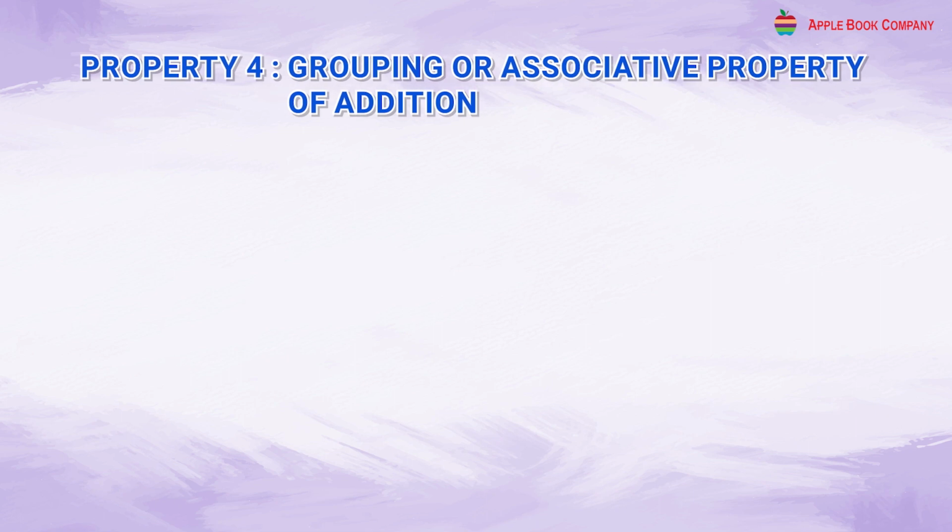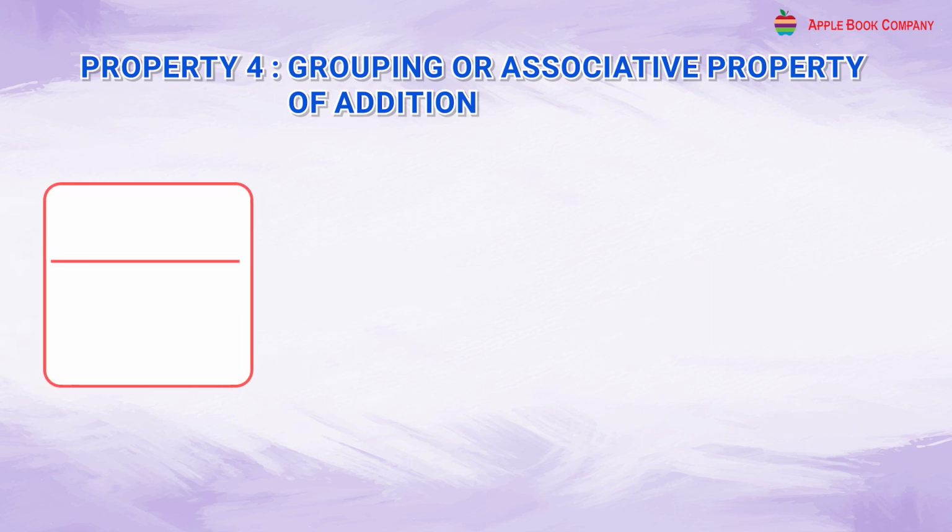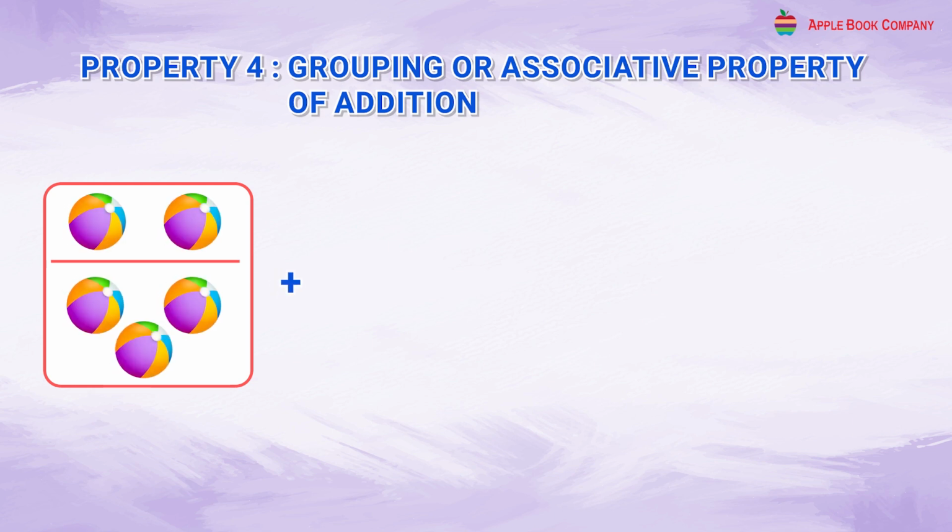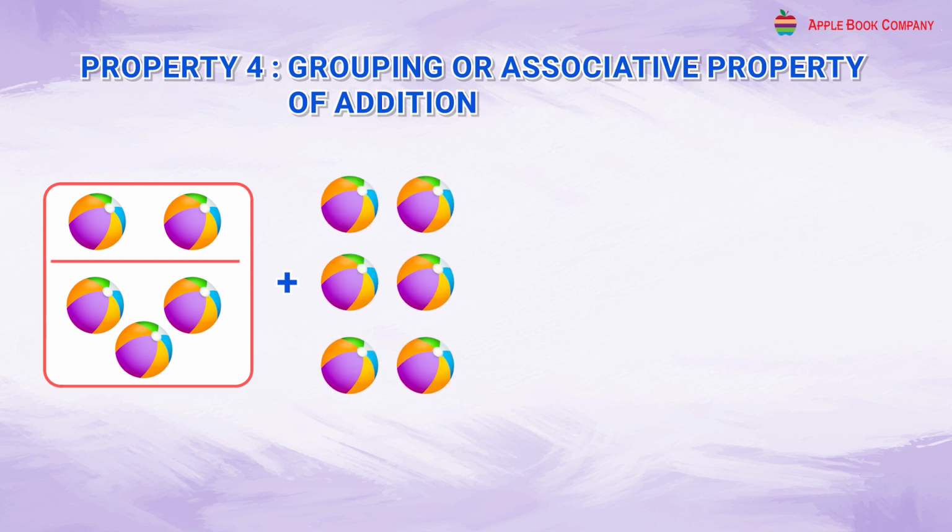Property 4: Grouping or associative property of addition. Observe the following. On the left side, we first see a box divided into 2 and 3 balls, plus 6 balls. That can be represented within brackets as 2 plus 3, plus 6, which is 11.